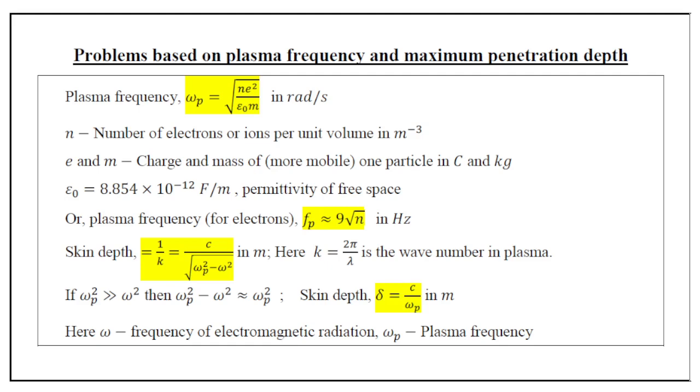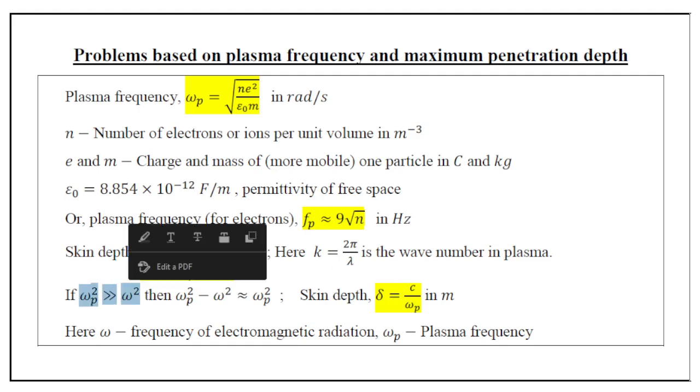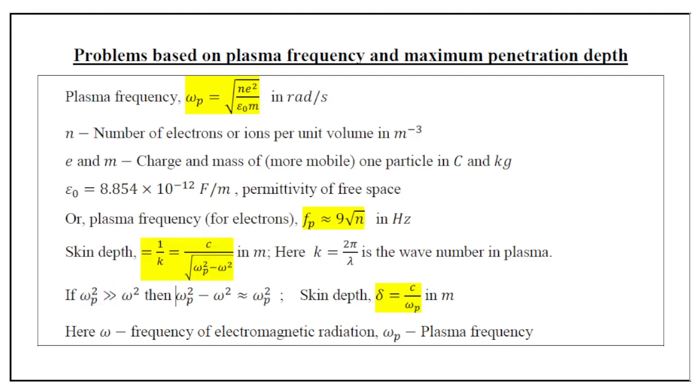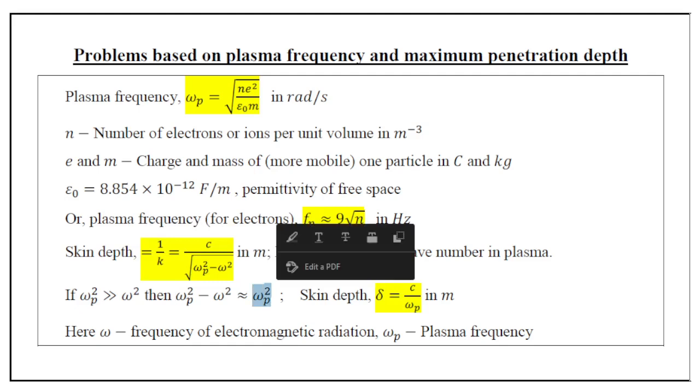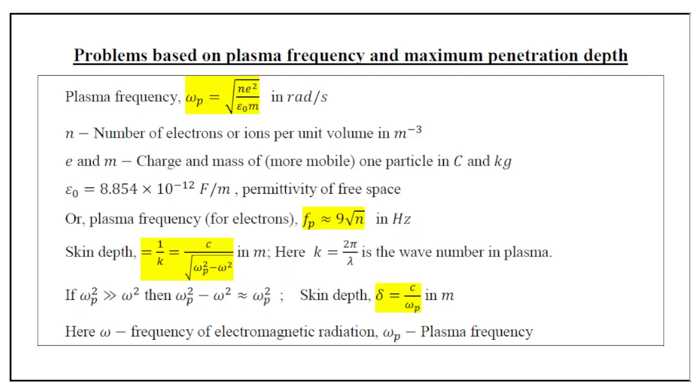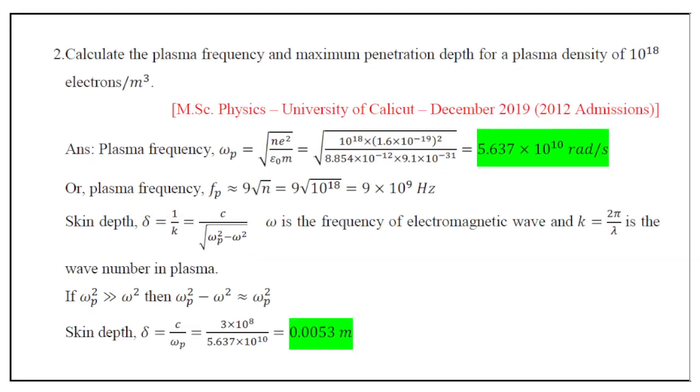And it is given as c by root of omega P square minus omega square, where c is the velocity of light, omega P is the plasma frequency, and omega is the angular frequency of the electromagnetic wave. And in many cases, if the angular frequency of the electromagnetic wave is much less than the plasma frequency, we can write omega P square minus omega square is approximately equal to omega P square, and the skin depth becomes c by omega P. It will be obtained in meter.